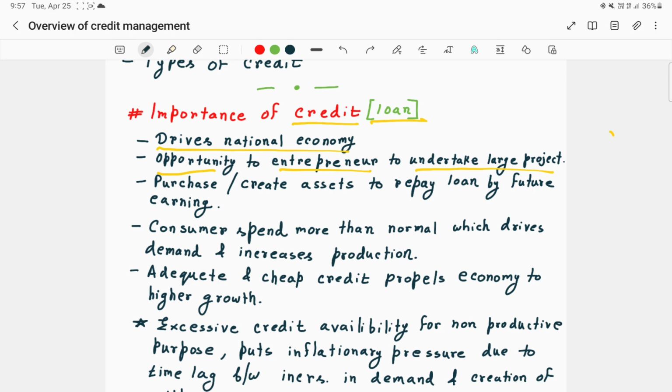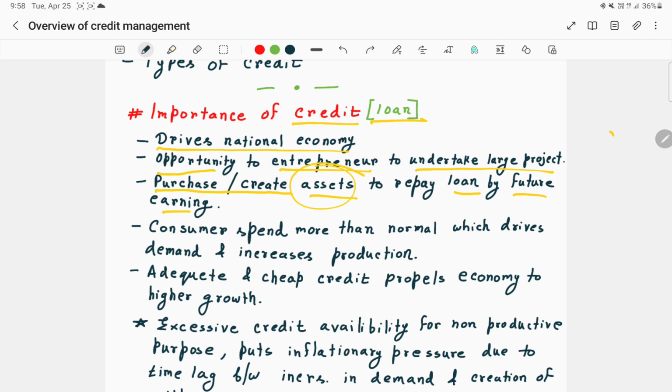So what he or she can do is take a loan from banks and start the project that he or she wants to. Then the people can purchase or create assets by taking loans, and then can repay the same loan by generating earnings in future by using the assets, right?